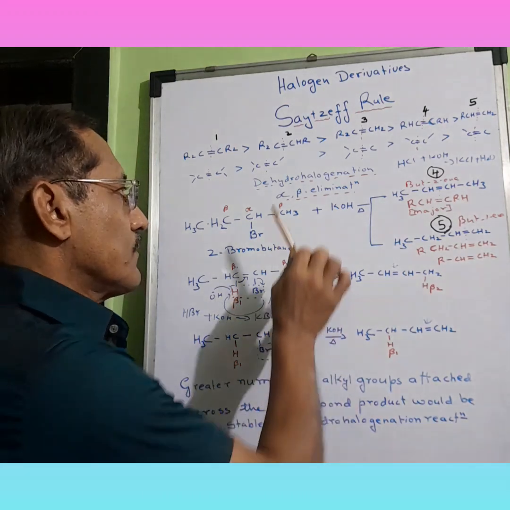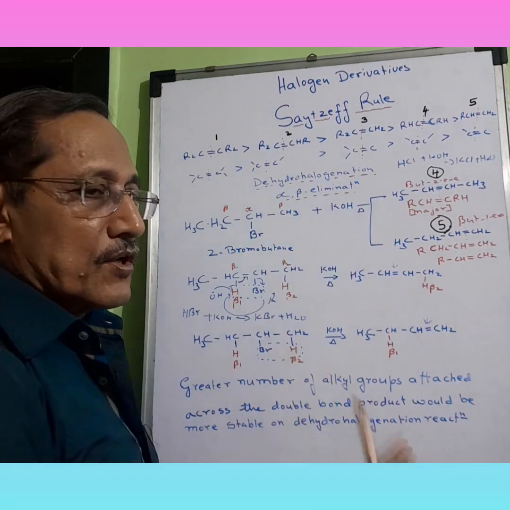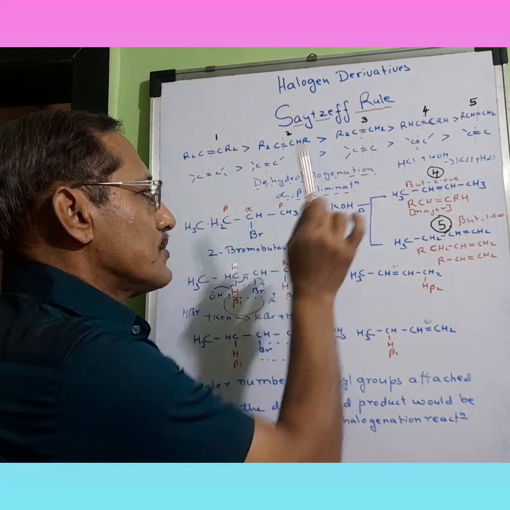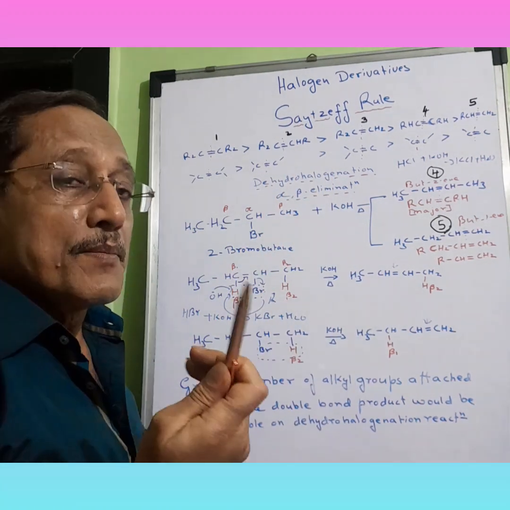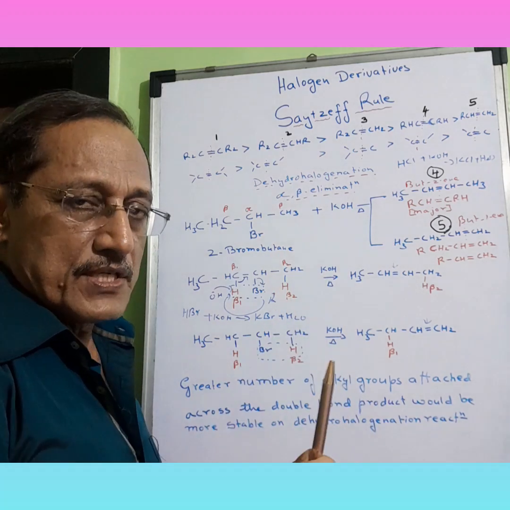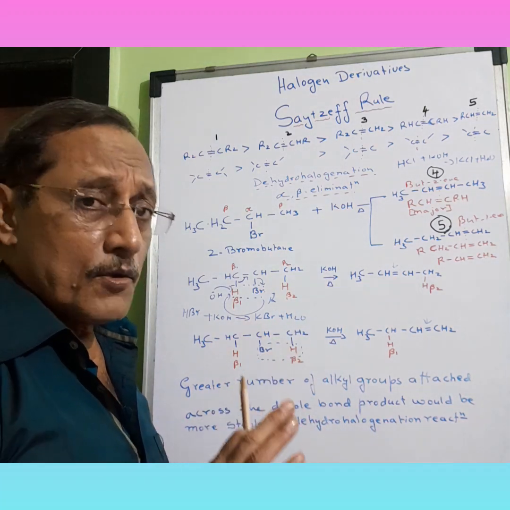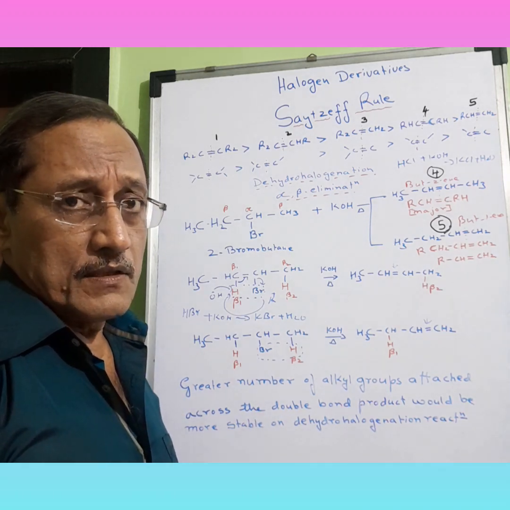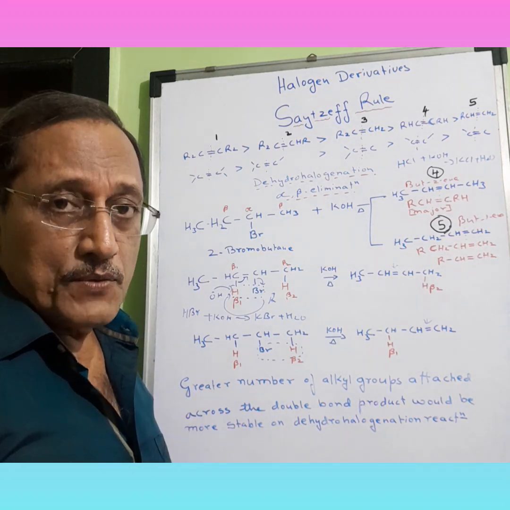So in both the cases it was alpha beta elimination, so we call it alpha beta elimination. And why dehydrohalogenation? Because it eliminated hydrogen and halogen, so dehydrohalogenation. I hope it is all very crystal clear. So do your part of the story, study well, okay?